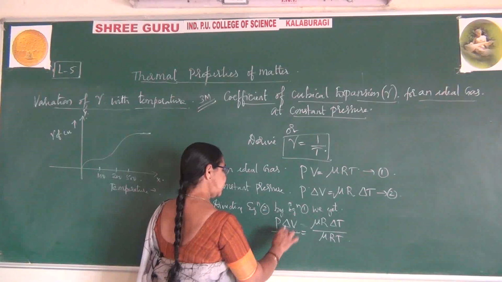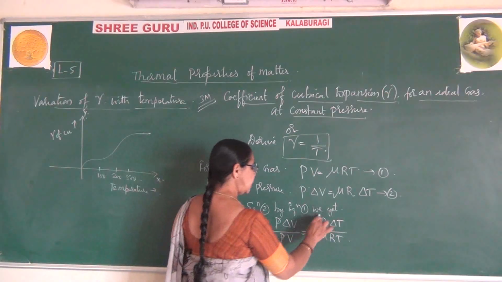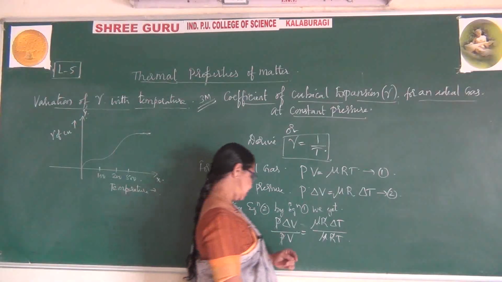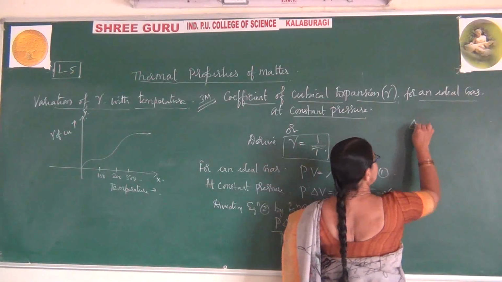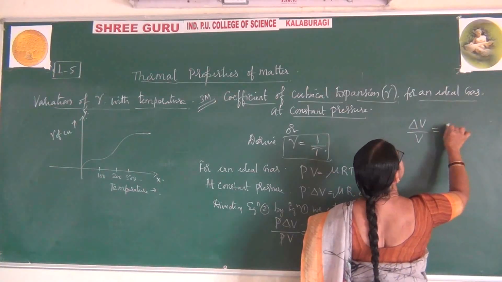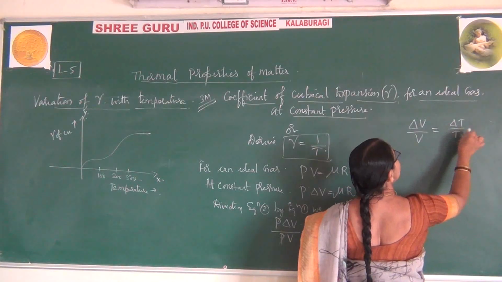What happens here? P and P get cancelled, mu gets cancelled, R gets cancelled. What is left out is delta V by V equal to delta T by T.